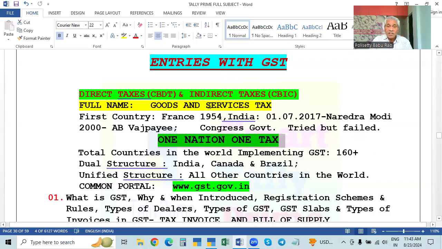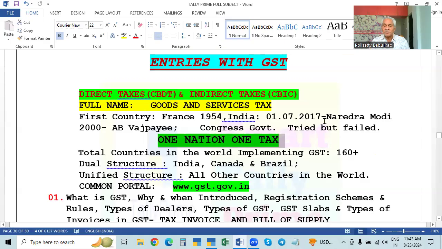In the Goods and Services Tax, all goods as well as services come under this. But two types of goods are not brought into the GST. That is liquor for human consumption, and petrol, diesel, petroleum products.